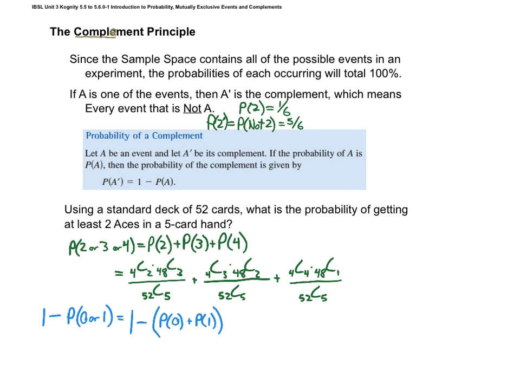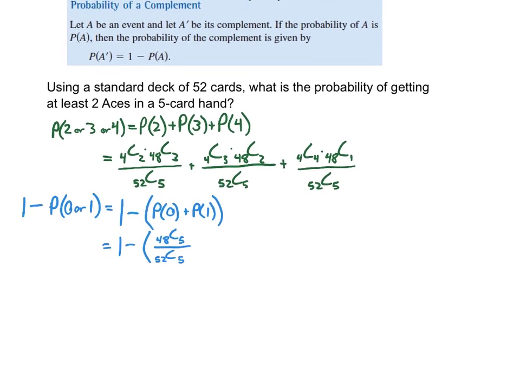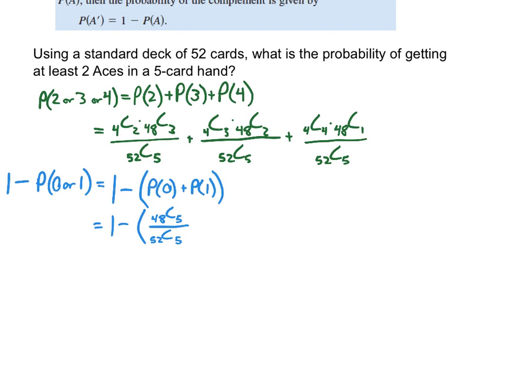So I'm going to be doing 1 minus. Now, the probability of 0 aces means that I want to get all 5 cards out of those other 48. So it's going to be 48 choose 5 over 52 choose 5.